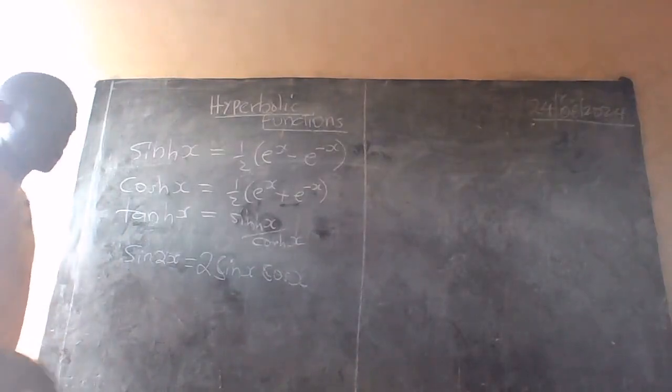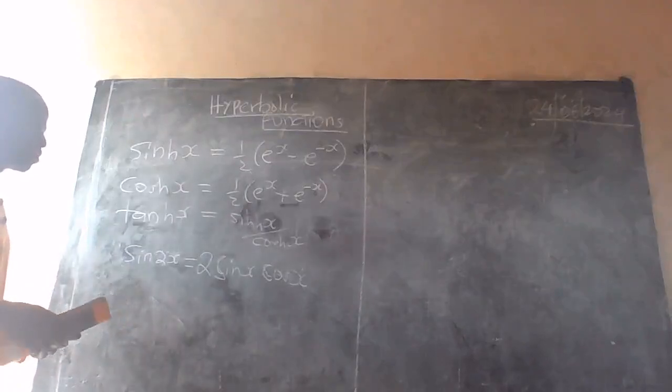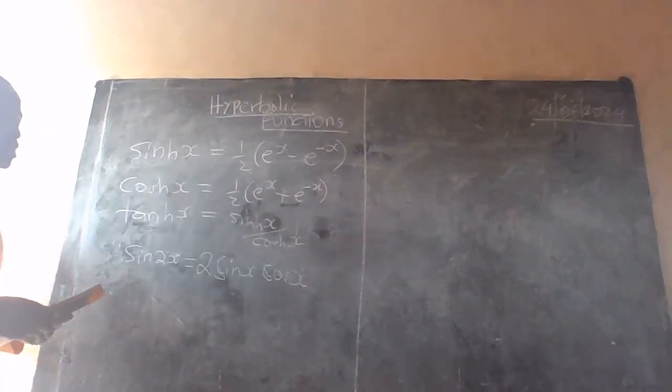This is an identity in double angle. That's what we have.